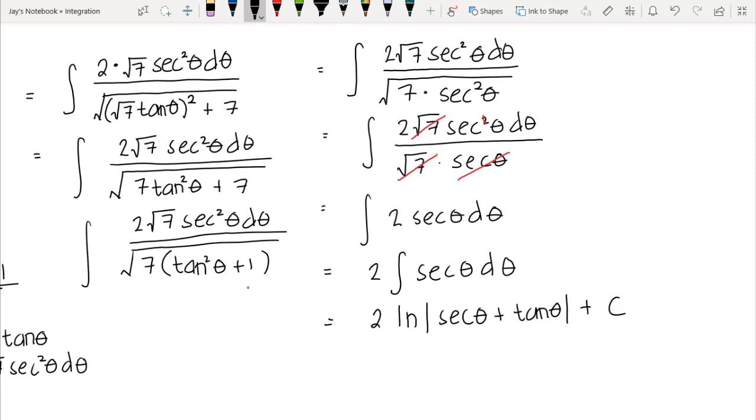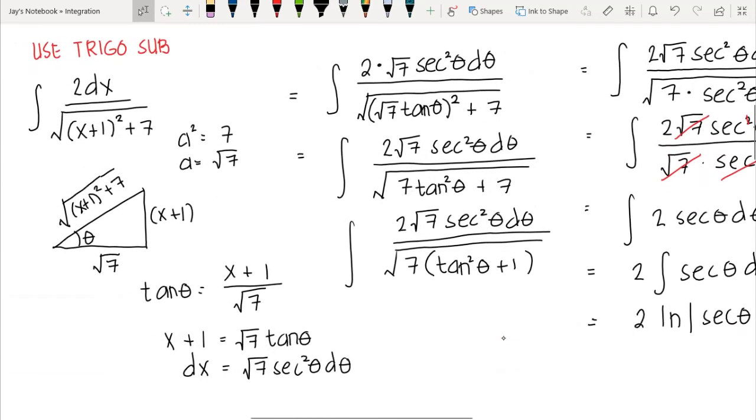Okay, so this should not be our final answer. Take note, our answer here is in terms of theta. So we need to replace this theta here by variable x, which is our original function. So how are we going to replace secant theta and tangent theta into function of x?